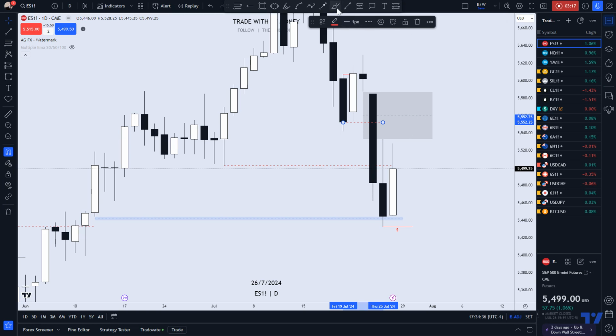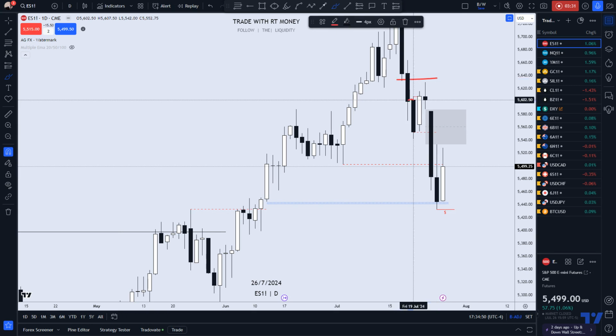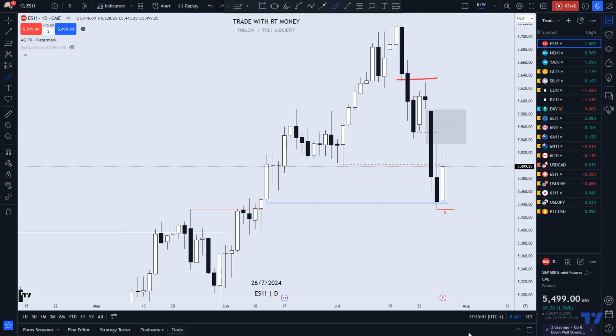So I'm definitely looking for price to tap into this and to continue to lower prices. We're going to wait for confirmation, but you can see one of these fair value gaps here where price traded back up into it and fell down. I'm looking for price to do the exact same thing here, to trade back up into it and then possibly go lower.